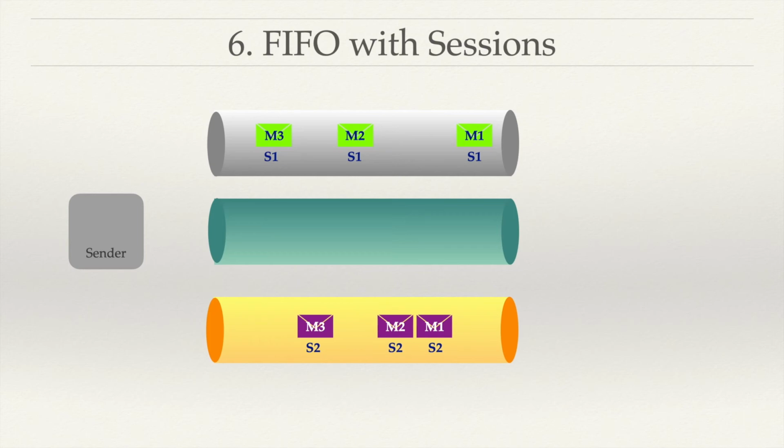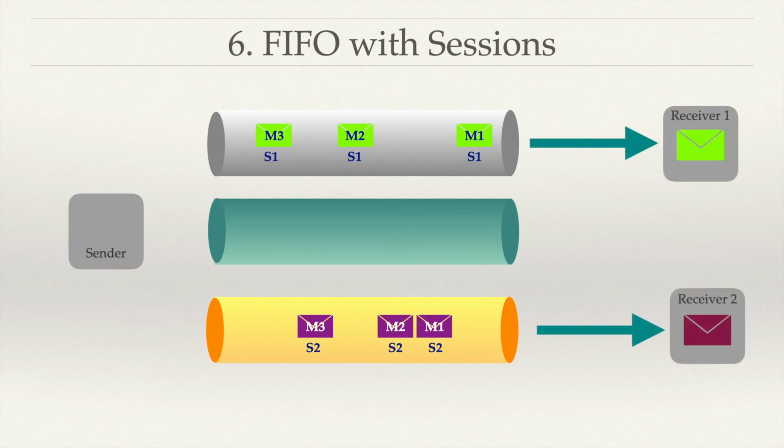Now, receiver 1 is waiting for messages of session 1, so it will receive all those messages, and receiver 2, which is waiting for all the messages of session 2, will act on those.